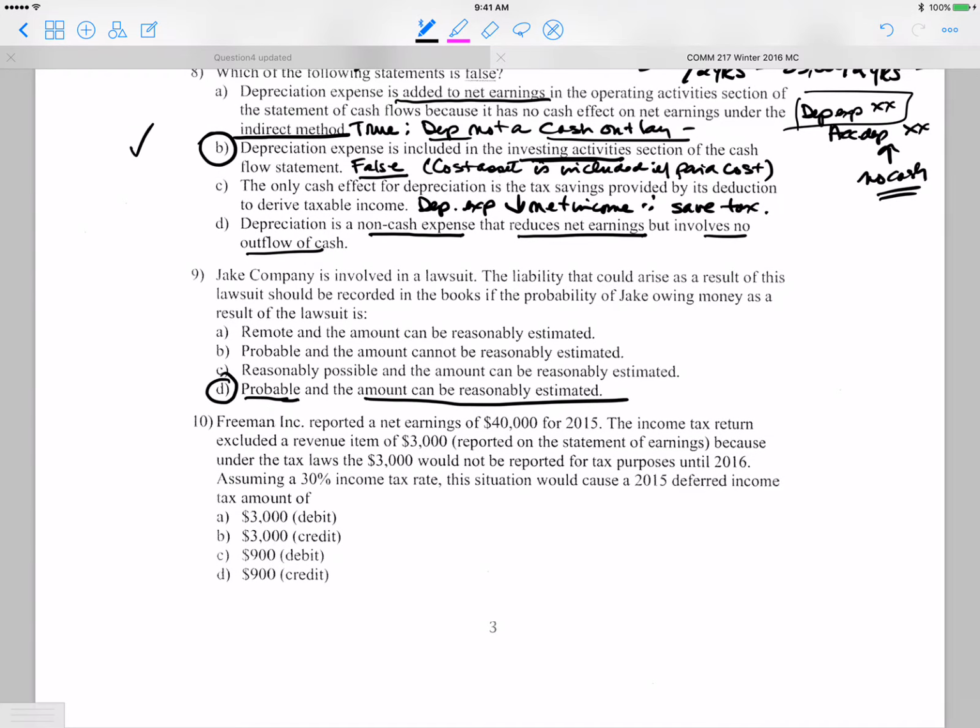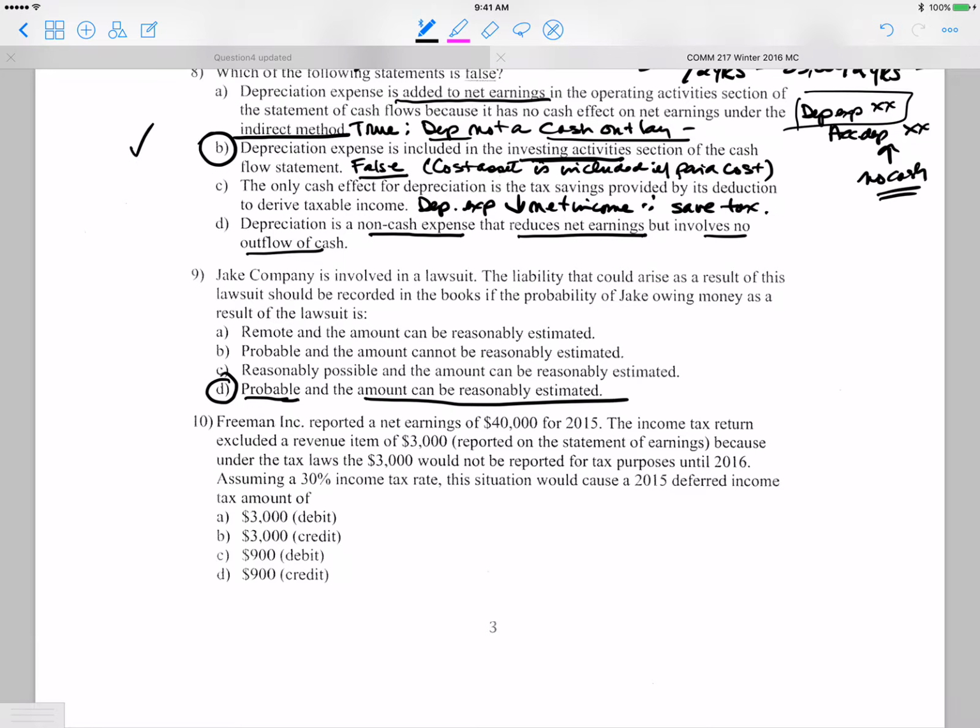Question 10 has to do with deferred income tax. So this is all due to timing differences. Some revenues may not be taxable in a year for tax purposes, but for accounting purposes they are. Same for expenses. They may not be deductible in one year, but included on your statement of earnings for that year.